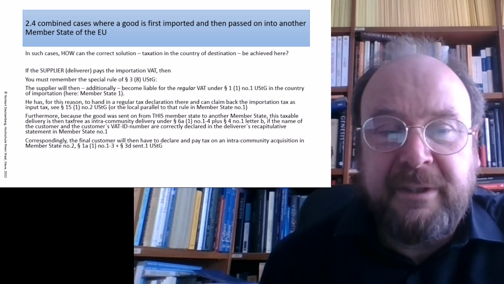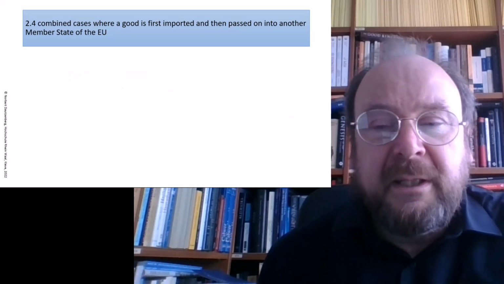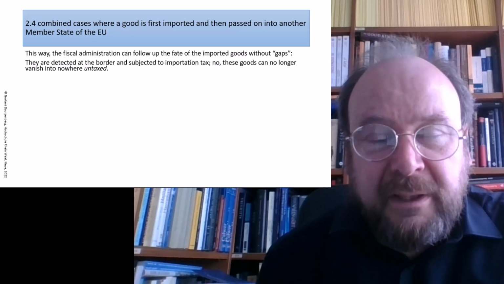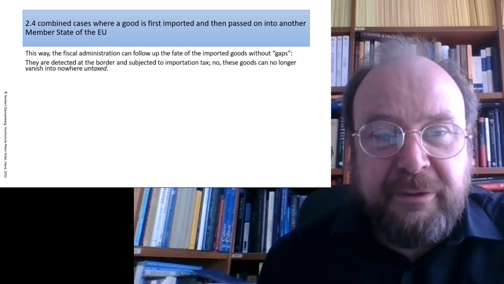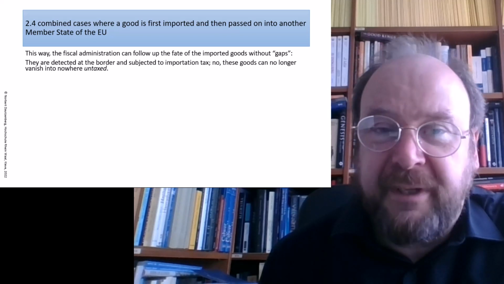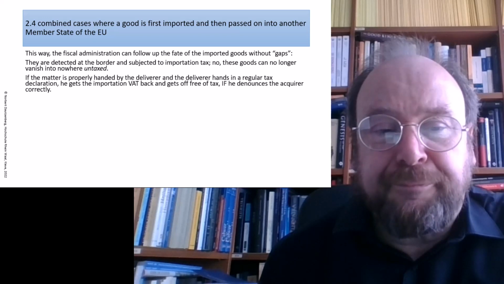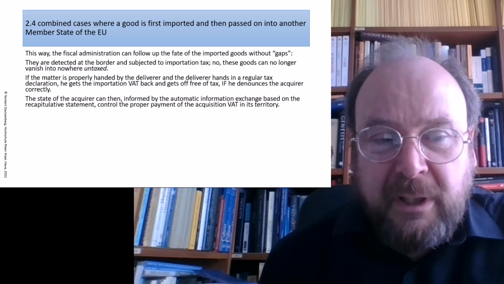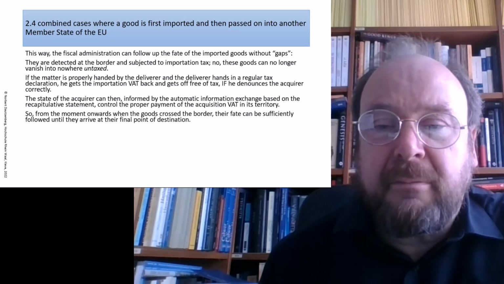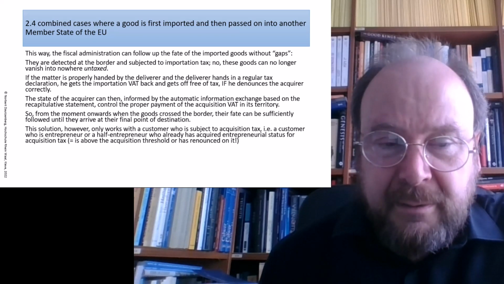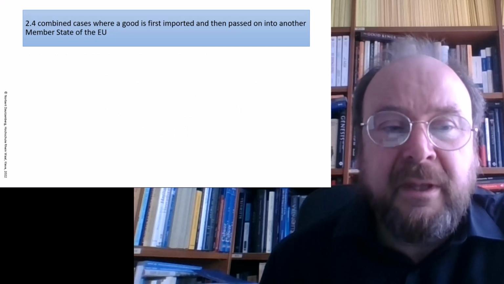So that's very convenient. However, here, in that case, we have a supervision without gaps. You can follow the fate of the good in all documents. However, there might be still a question.